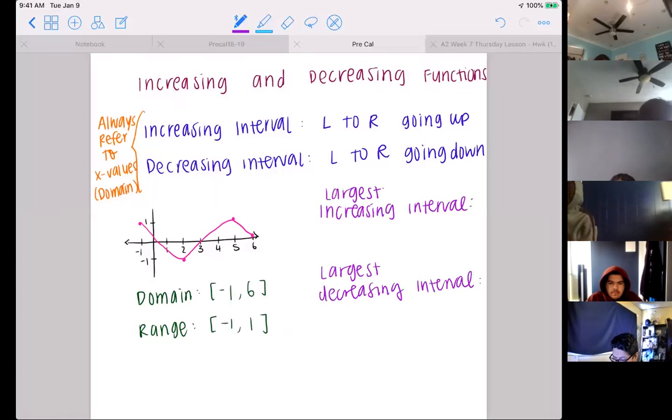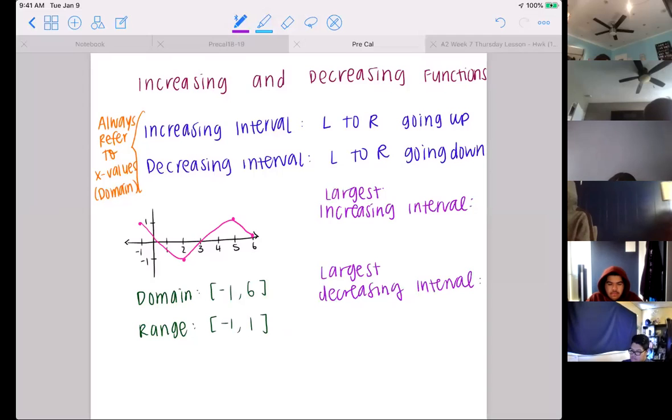If you happen to have 2 increasing intervals or 2 decreasing intervals, then just take a look, hey, how many points are we including more? Okay, and then when you have some ideas, let me know.